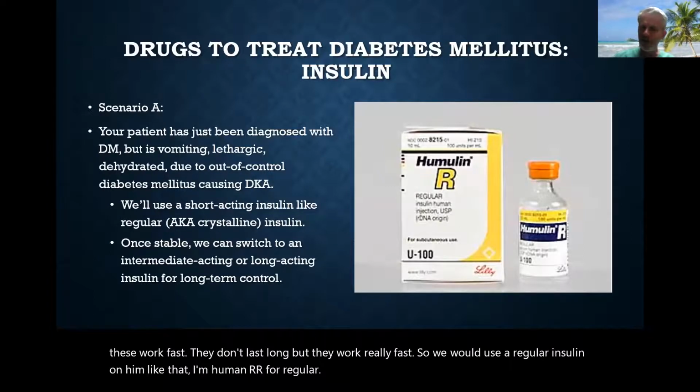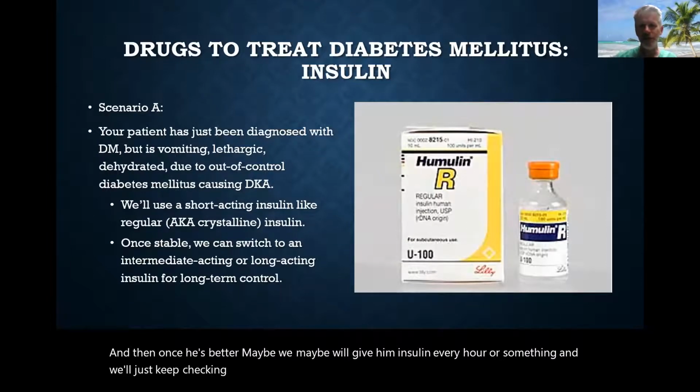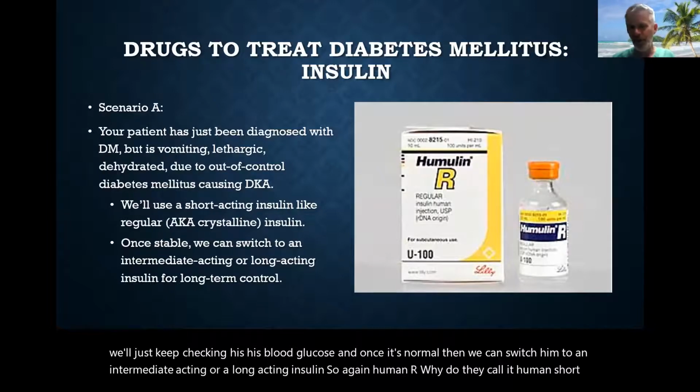And then once he's better, maybe we'll give him insulin every hour or something, and we'll just keep checking his blood glucose. And once it's normal, then we can switch him to an intermediate-acting or a long-acting insulin. So again, Humulin R. Why don't they call it Humulin short-acting? I don't know. They call it R.